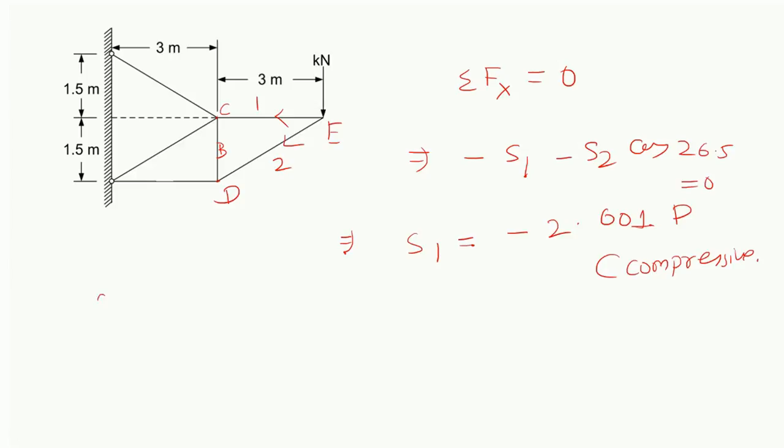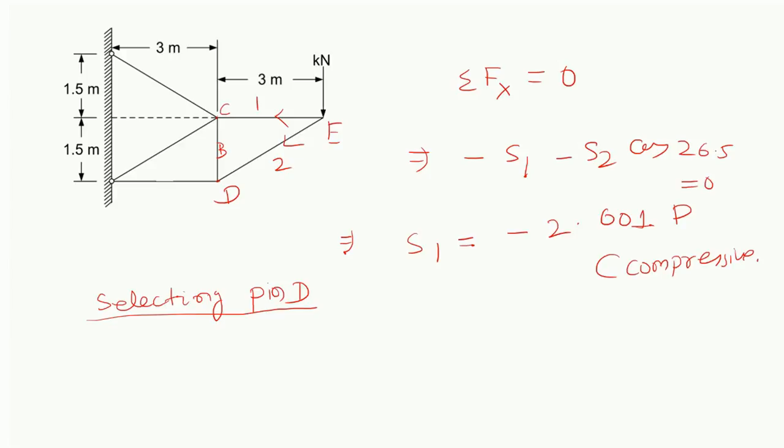So selecting pin D, because less force are involved and one known force is there, that is S2. Okay, you have already calculated S1 and S2.